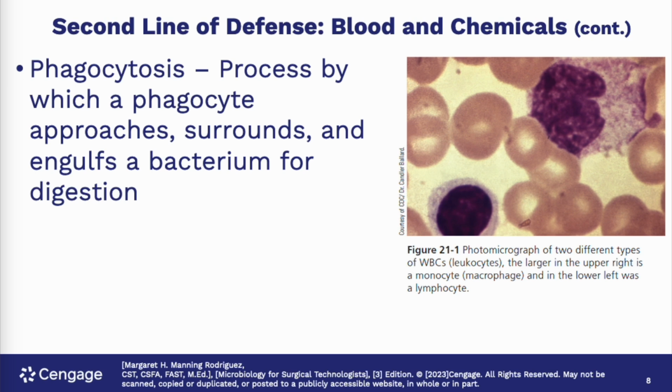A lysosome in the phagocyte merges with the phagosome to create a phagolysosome. The lysosome's enzymes then break down and destroy the bacterium. This process is extremely important for eliminating harmful bacteria and debris in the body.